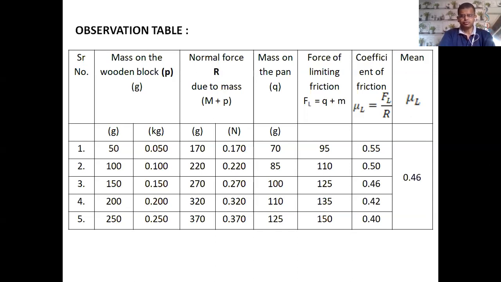So 50 plus 120 is 170, 100 plus 120 is 220, 150 plus 120 is 270, 200 plus 120 is 320, and 250 plus 120 is 370.